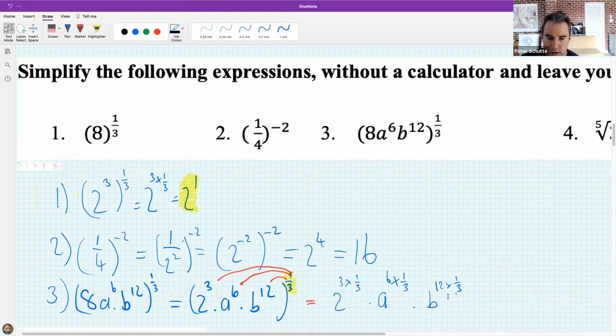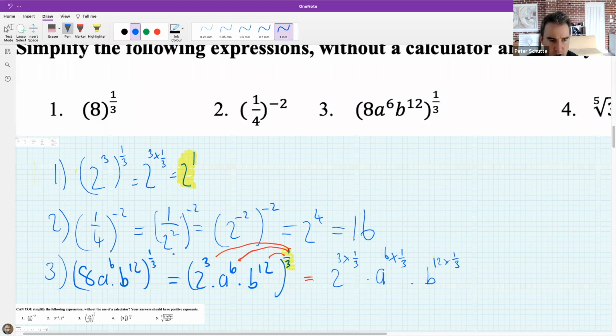So one of the things that I did was I broke down the 8 to 2 cubed. And then what I could do is I applied the power outside to the powers inside. So you'll notice that third gets applied to all of them. And so all I need to ask myself now is 3 times a third.